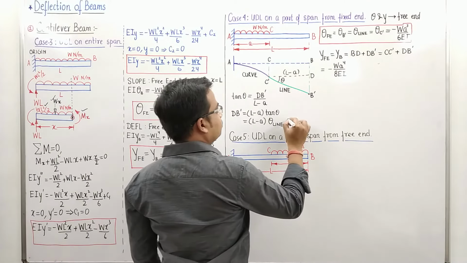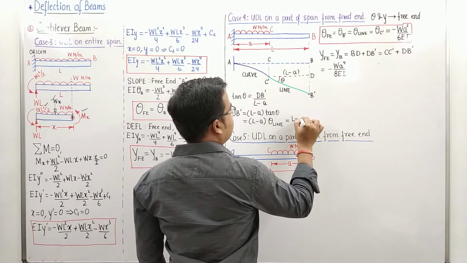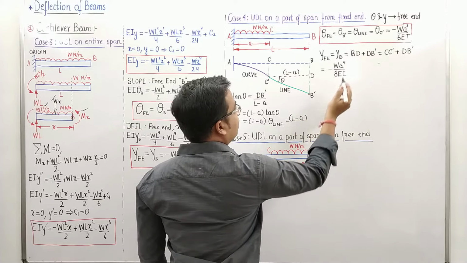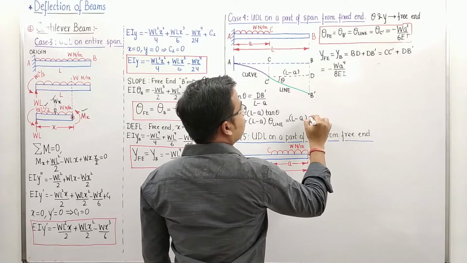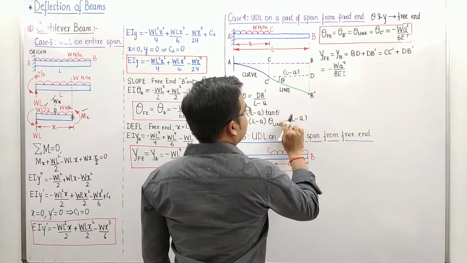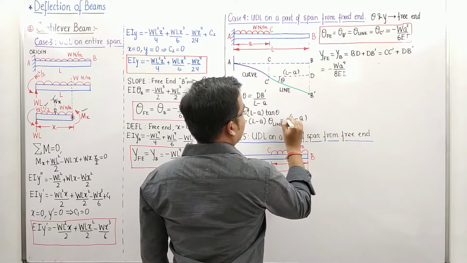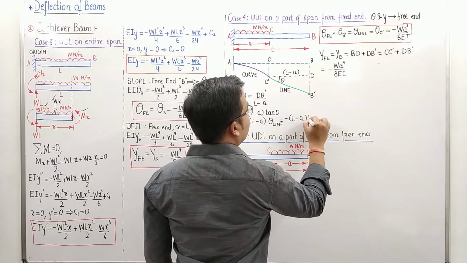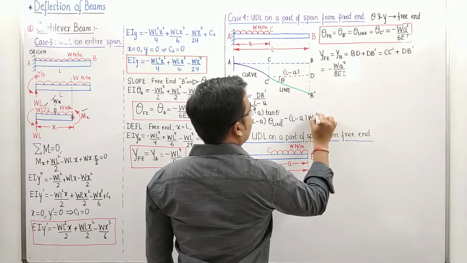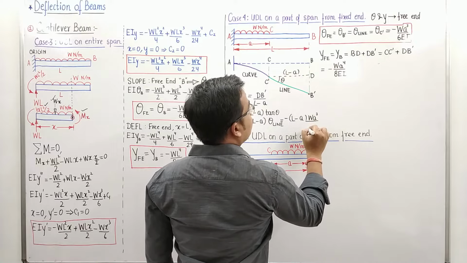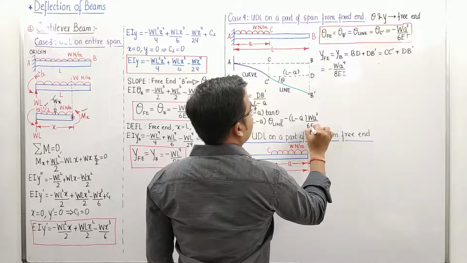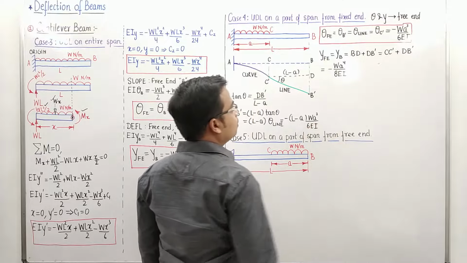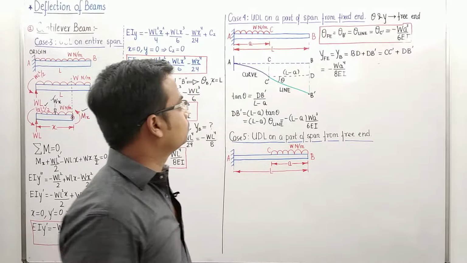This is going to be L minus A, and theta line, well, that is minus, just put a negative sign, equal to negative sign WA cube upon 6EI. Done, right?